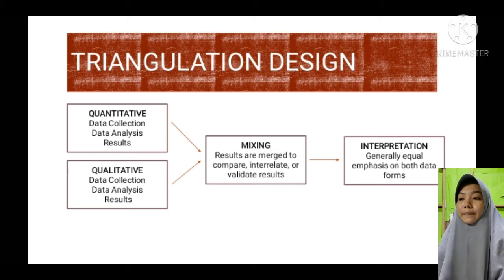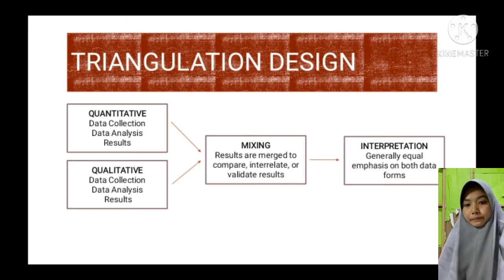Then the results are compared to interpret convergence or divergence. Interpretation, generally equal emphasis on both data forms.